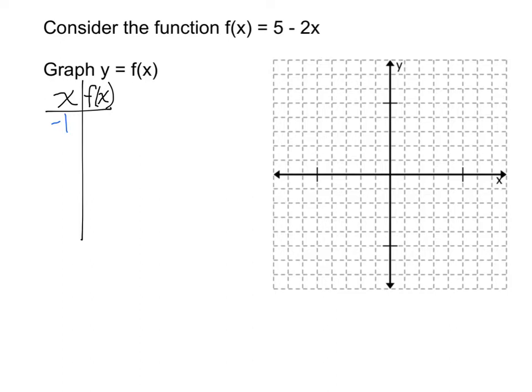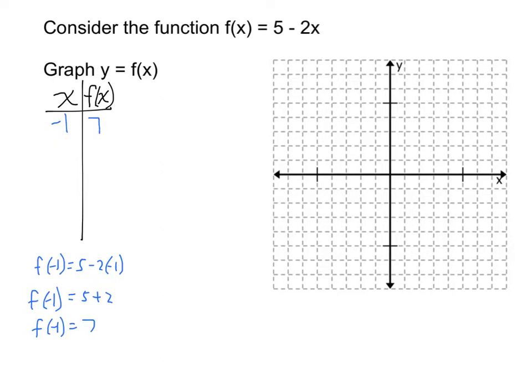If I input -1, I can calculate the output of the function like this: 5 minus 2 times that input of -1. So the output is going to be 5 plus 2, which is 7.